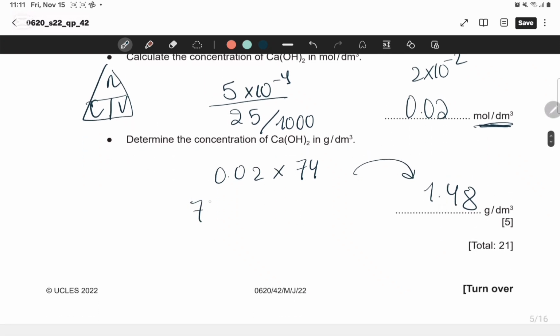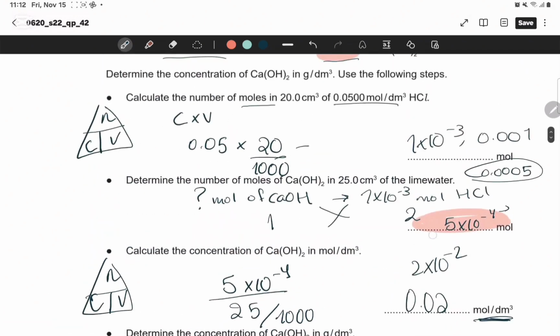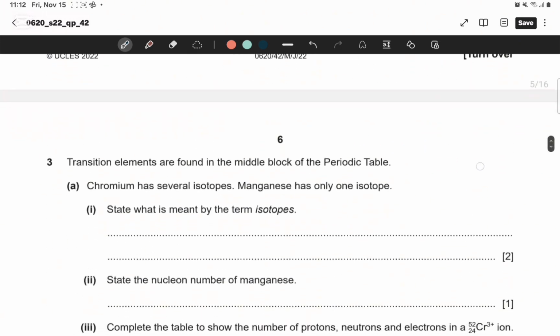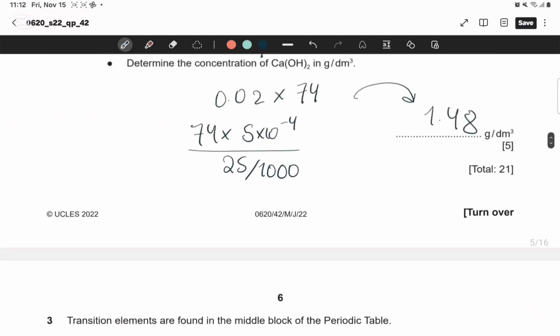So 74 times the moles, which is 5 times 10 to the power of -4, is the mass, over the volume, which is 25 divided by 1000. So 74 times 5 times 10 to the power of -4 over 25 divided by 1000. Then you get 1.48. And that's it for this paper.